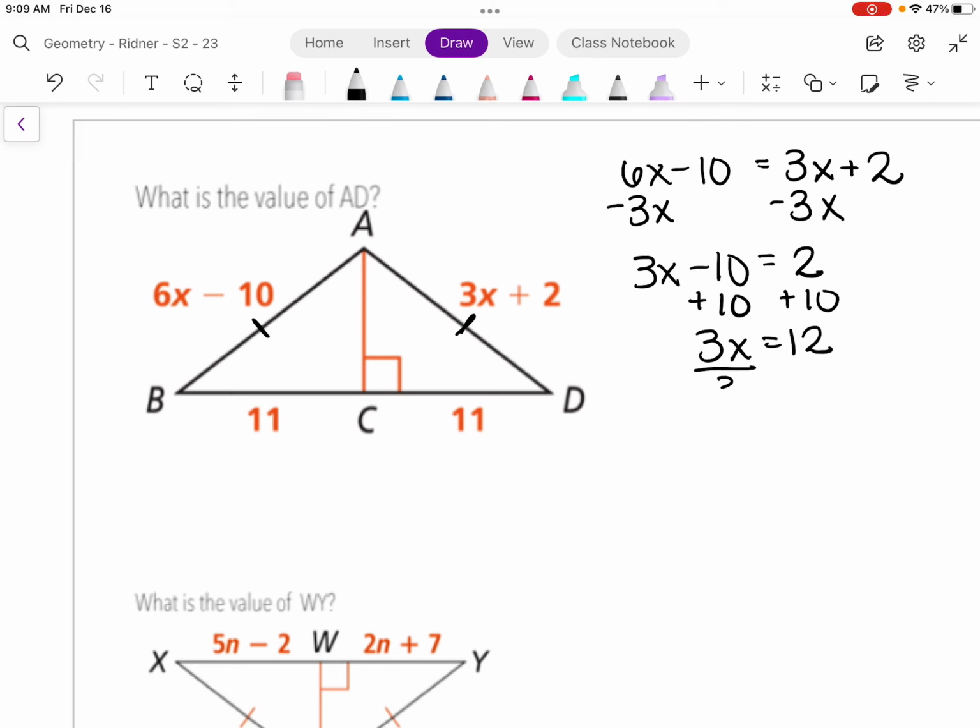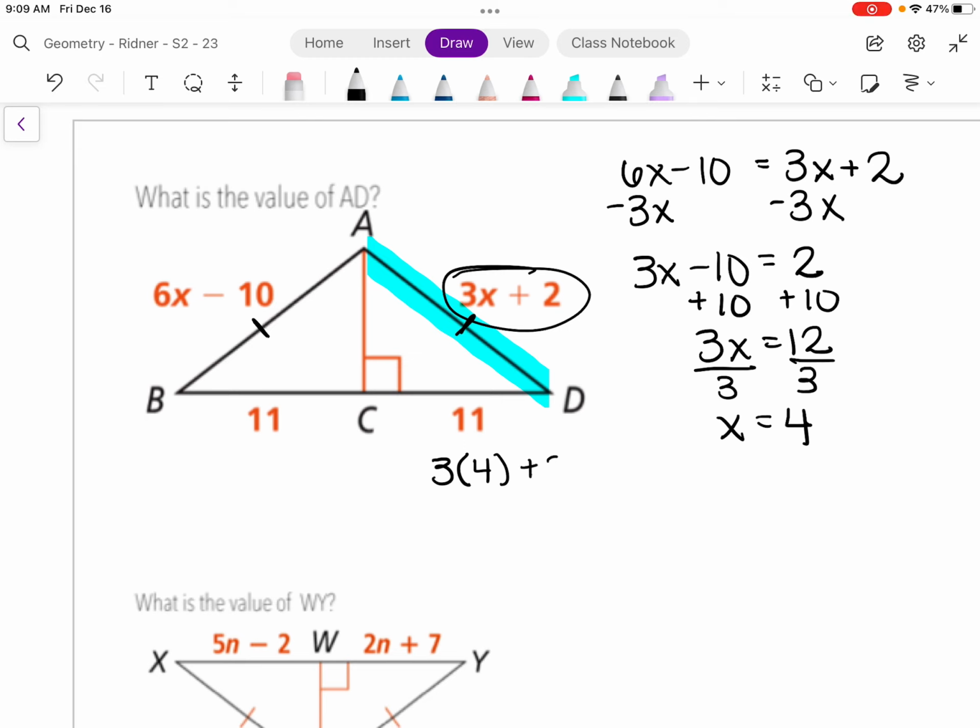And then we're going to divide by 3 to finally get x by itself. So x equals 4. Notice I have not answered the question. The question was actually, what is the value of AD? So that means I have to take that number 4 and plug that back in. So 3 times 4 is 12, plus 2 is 14. So AD is 14.